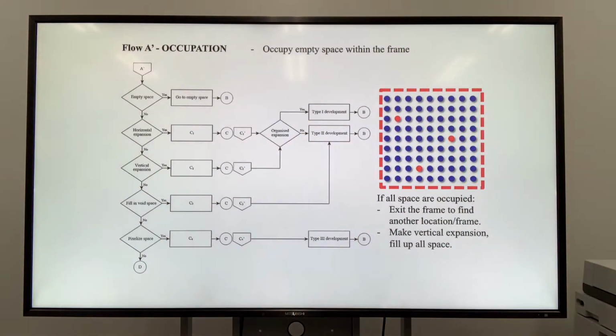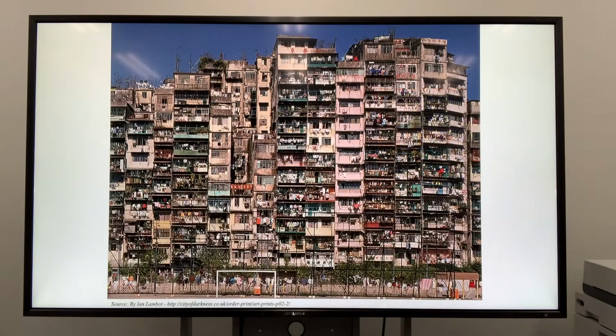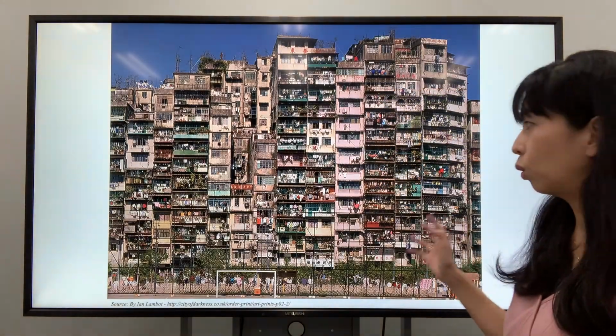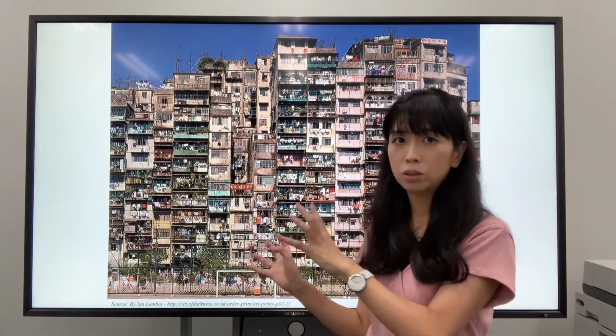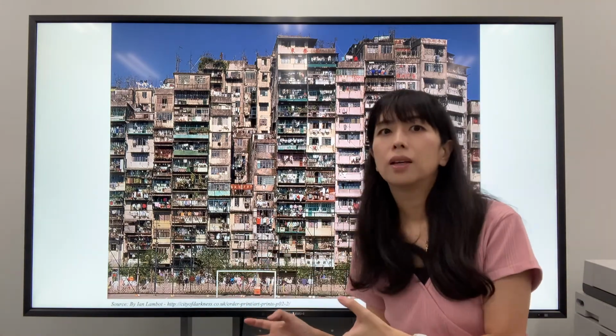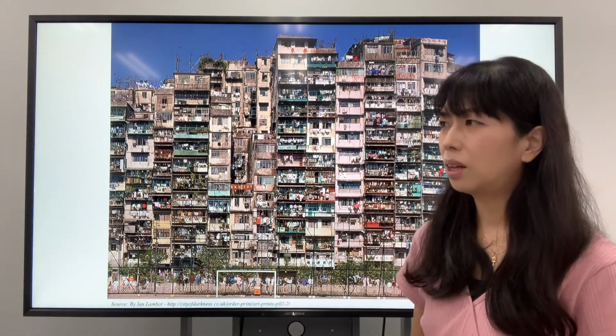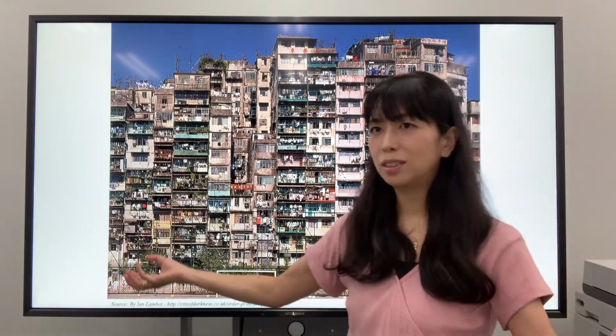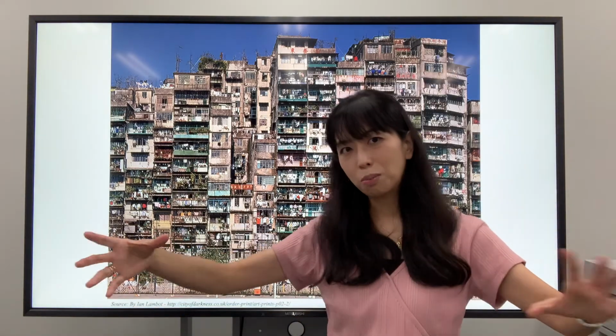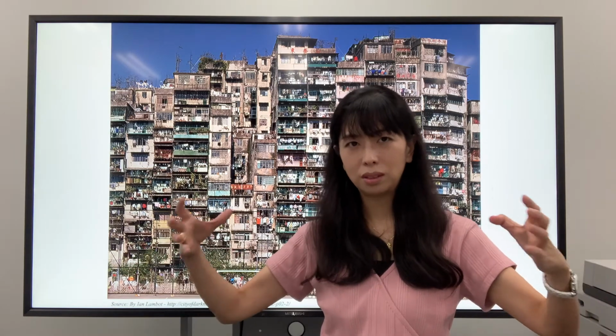As a result of this, what happens in reality is the Kowloon Walled City. Kowloon Walled City from Hong Kong is all these things that I explained just now. First they entered, and it wasn't occupied so much at the beginning.